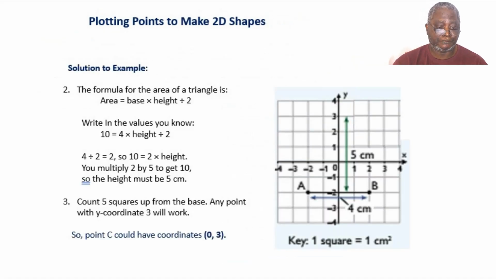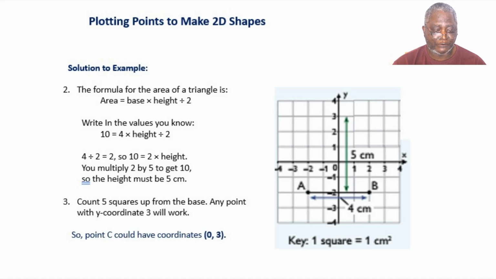So the solution. The formula for the area of a triangle is base times height divided by 2. Write the values you know: 10 equals 4 times height divided by 2. So 4 divided by 2 is equal to 2. And so 10 is equal to 2 times height.